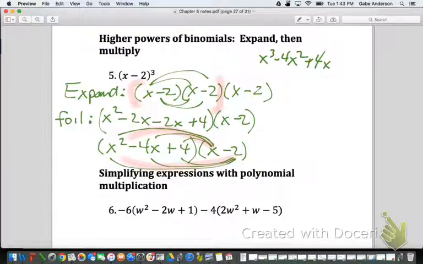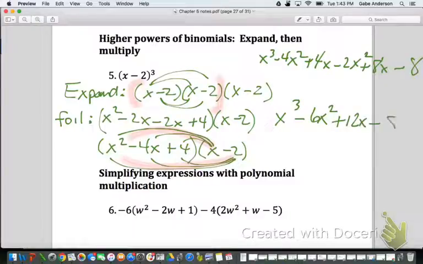So negative 2 times x squared is minus 2x squared. Negative 2 times negative 4x is plus 8x. And finally, negative 2 times 4 is negative 8. So my final answer, if I combine my like terms, will be x cubed minus 6x squared plus 12x minus 8.